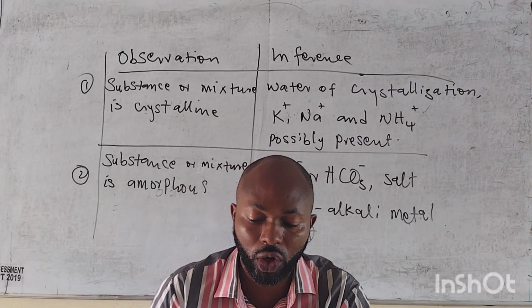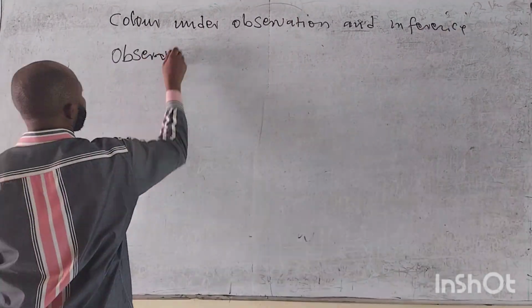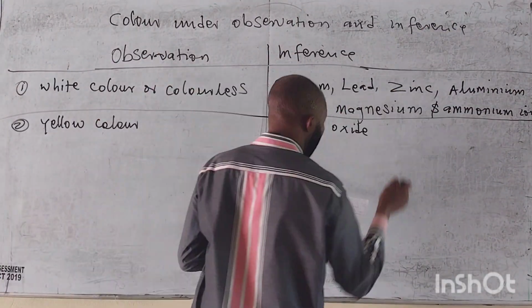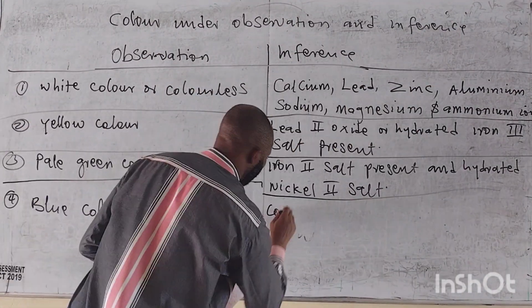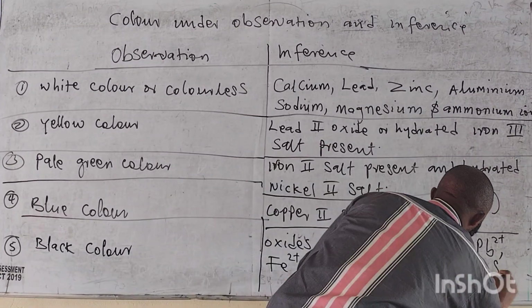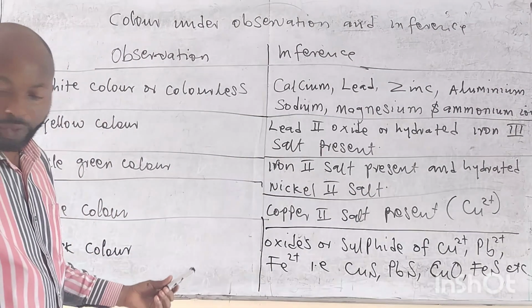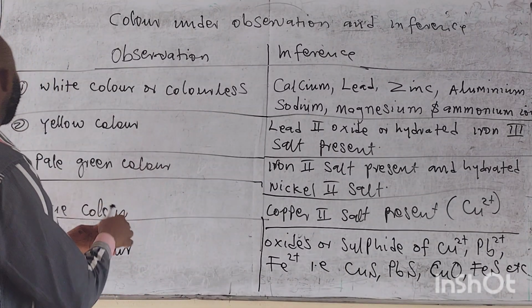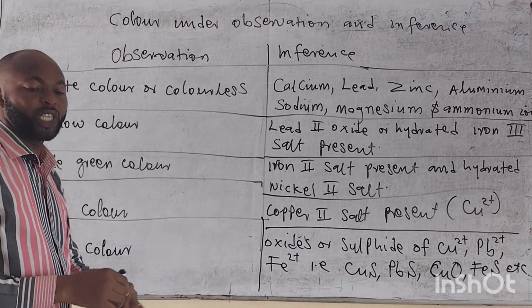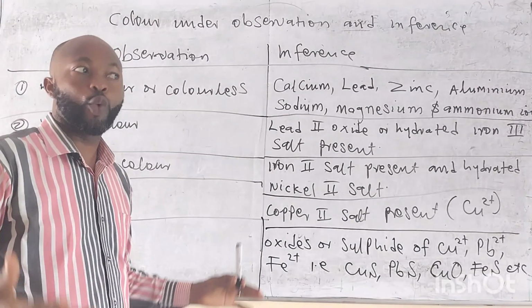So let's look at the color. The color under observation and inference, we are having observation, okay? We have white color or colorless. So the sample given to you is white.